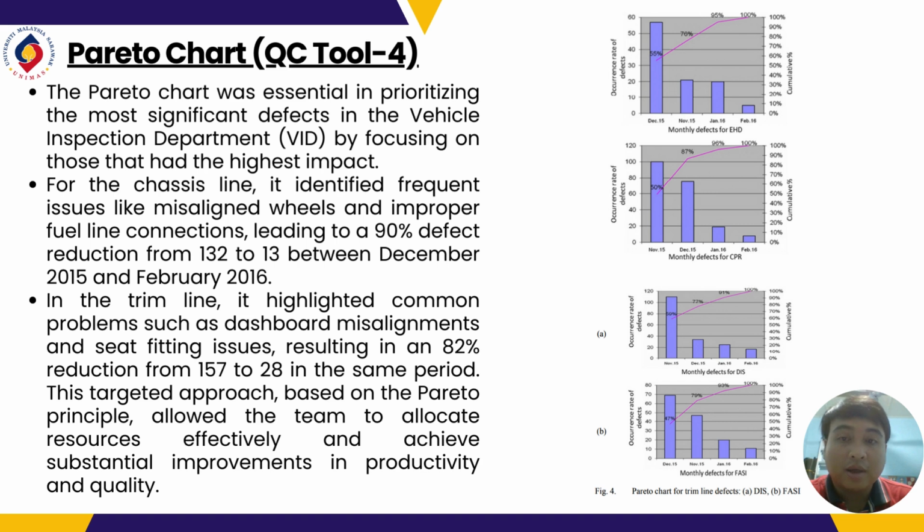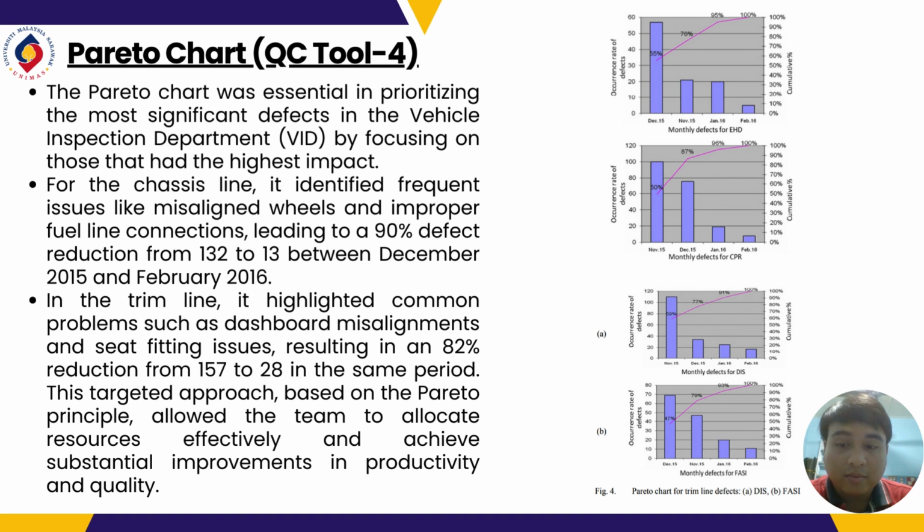For the chassis line defects, it identified frequent issues like misaligned wheels and improper fuel line connections, leading to a 90% defect reduction from 182 to 13 between December 2015 and February 2016.